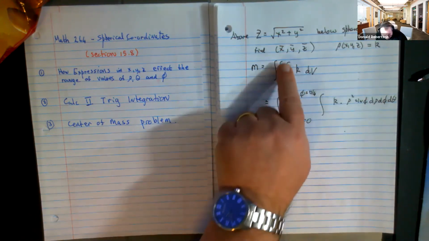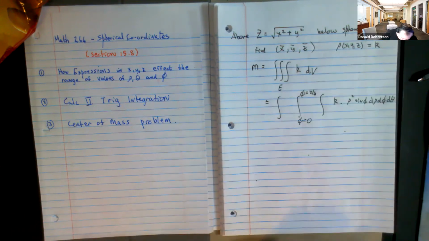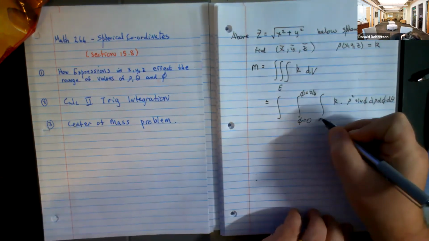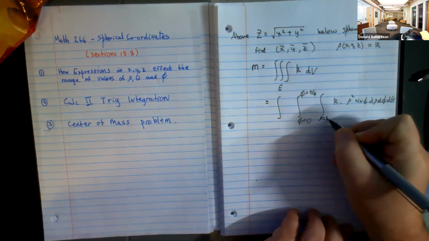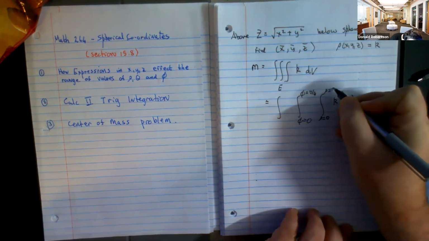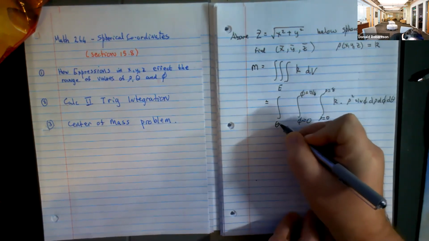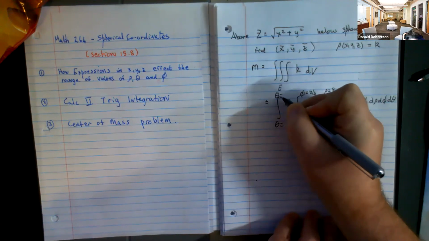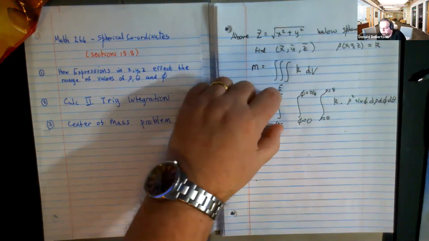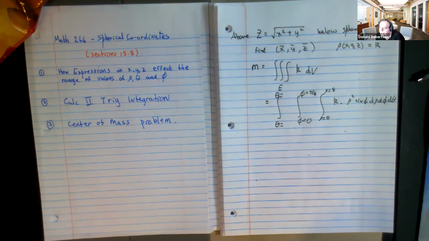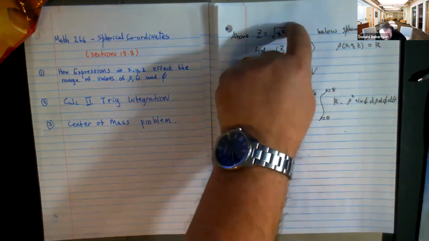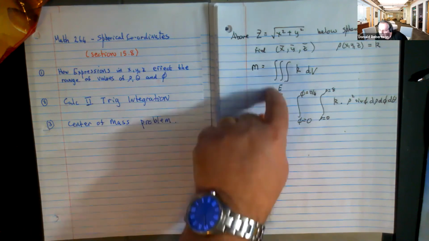Okay, I've got a sphere of radius 8. Doesn't that just affect the rho value? Was there anything happening here that had any effect on the range of theta? No, nothing in these restrictions had anything to do with theta, right?